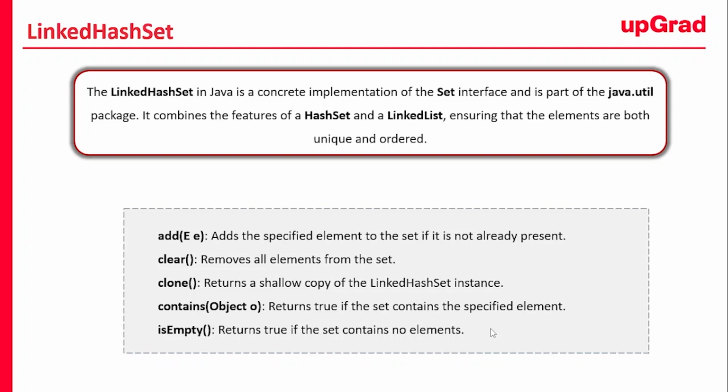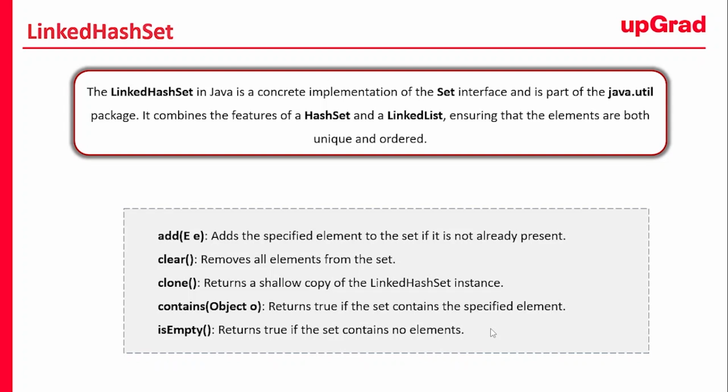But over here we will use Set<String> set = new LinkedHashSet, whereas for the previous case we used Set<String> set = new HashSet. Over here we will use new LinkedHashSet because we are creating a LinkedHashSet this time. So that only will be the change.